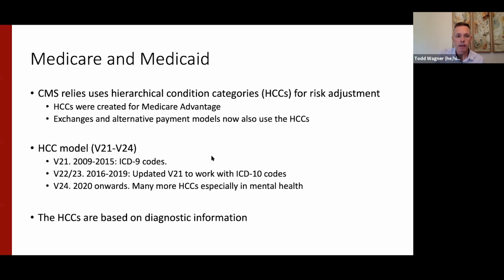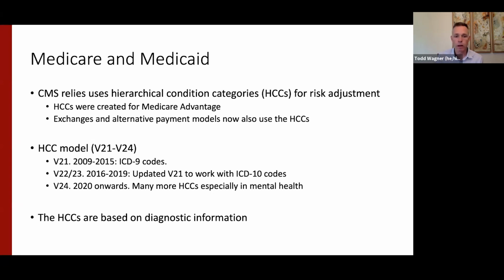And as I noted, the Centers for Medicare and Medicaid Services uses these hierarchical condition categories for risk adjustment. They were created for Medicare Advantage, but they're also used in other avenues across all of Medicare's alternative payment systems. Just to note, they've gone through a number of iterations.